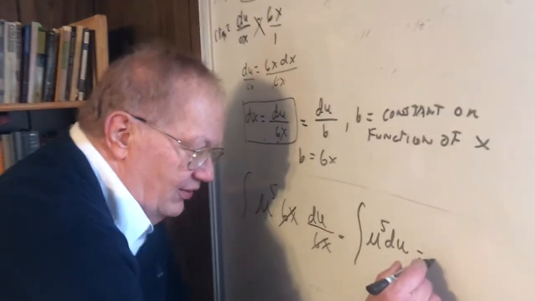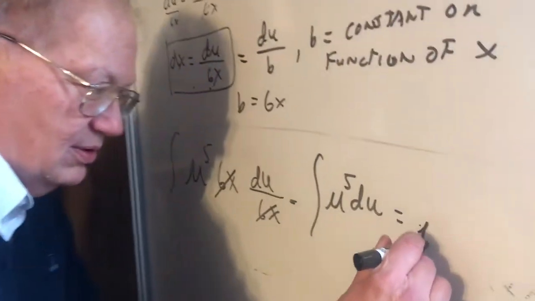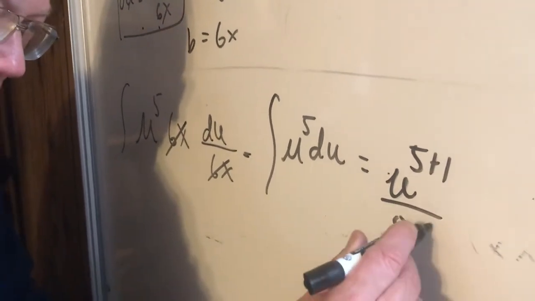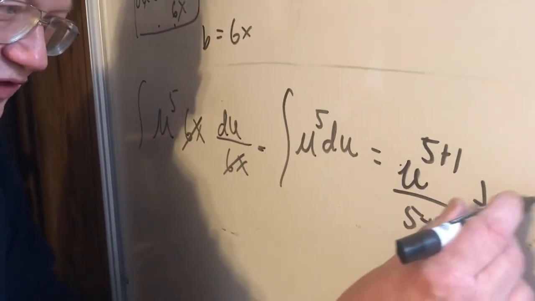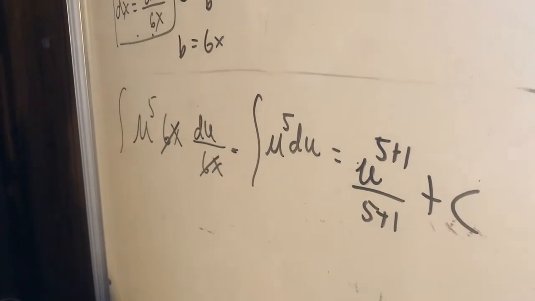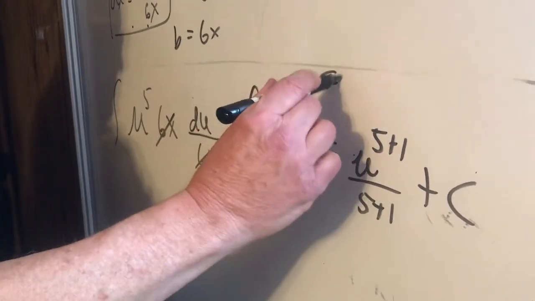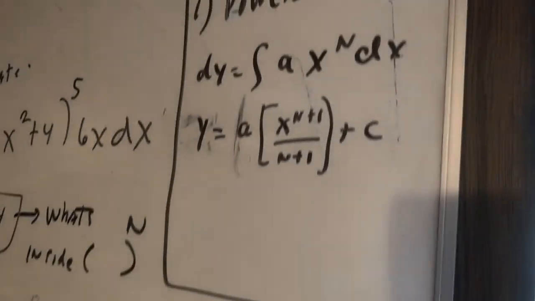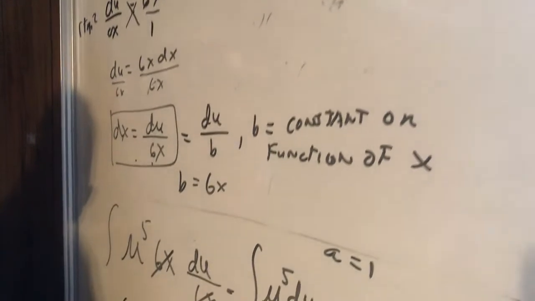Okay, so this is going to be u to the 5 plus 1 over 5 plus 1 plus c. Notice a is 1 here, if you look at this power rule there. So let's substitute back for u, which is 3x squared.